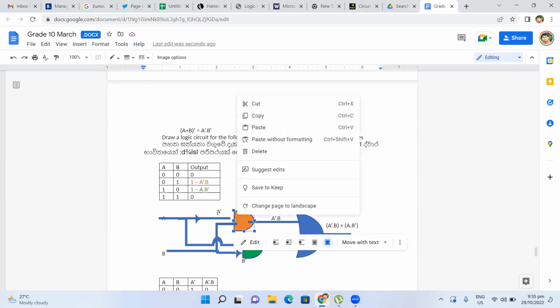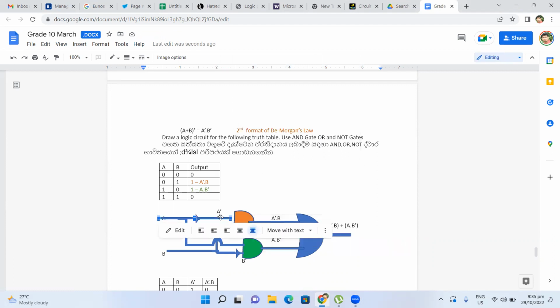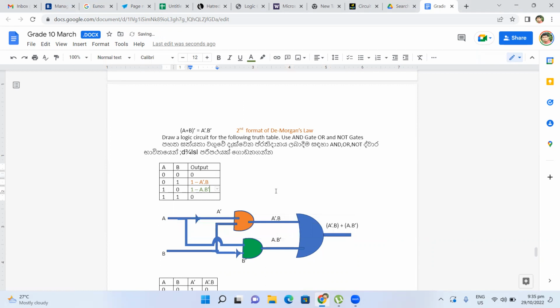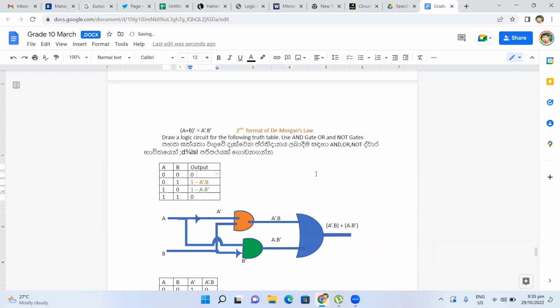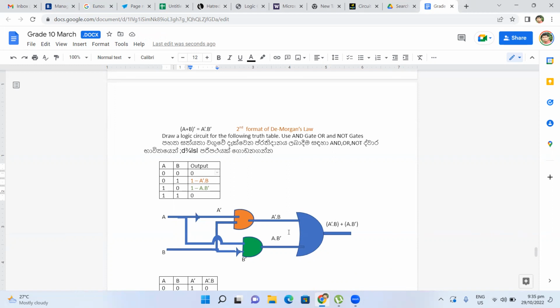Anyway, just get the idea. Don't think much about the drawing, because I just used Word for drawing. That is not really accurate. So just think about the gates, and this is the easy way of doing the same.